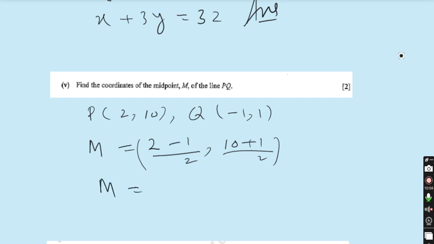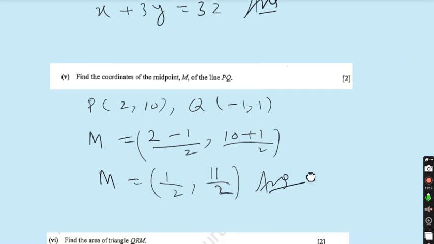So M is equal to (2 minus 1) upon 2, (10 plus 1) upon 2, which is 11 upon 2. So the final answer is, the coordinates of the midpoint are (1/2, 11/2). Answer.